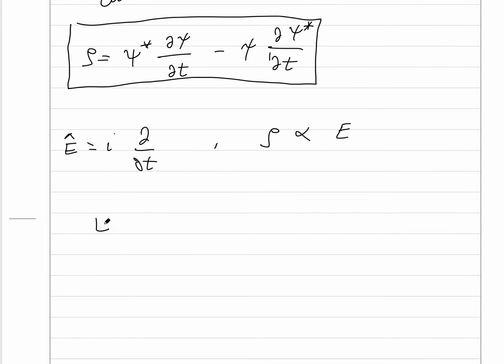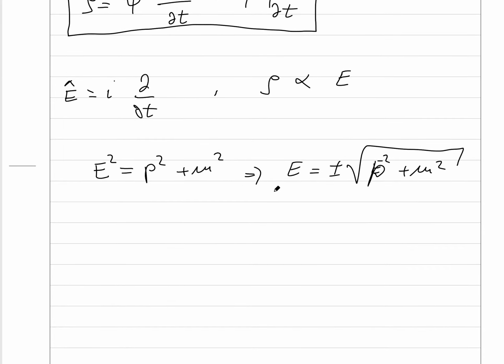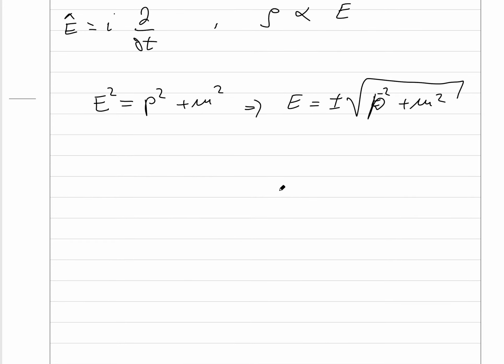But we know that relativistic energy is given by this equation, and from here you also have the negative part of the energy, so this might be p squared plus m squared. In this form the probability density should be real, and it's saying that you have something proportional to a negative thing, which is not possible for physical quantities, because we don't measure negative things.